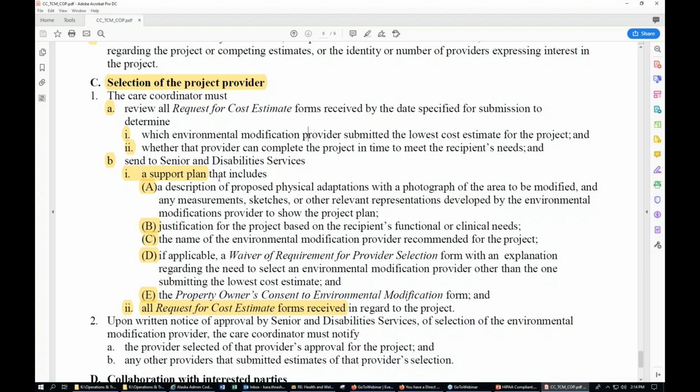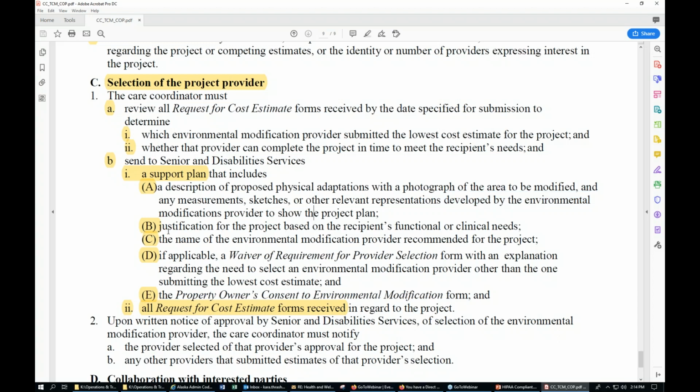You'll send a support plan, could be an amendment, that includes a description of proposed physical adaptations with a photograph and any measurements, sketches, or other relevant representations, all developed by the EMOD provider to show the project plan. So they're going to give you those things. Hopefully they're going to email those back to you by DSM. You're going to put this packet together. You're going to submit that to SDS also via DSM at this time.